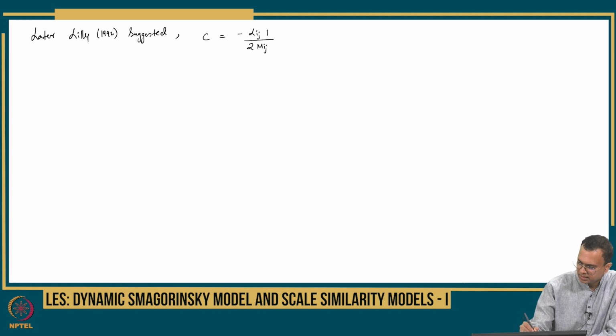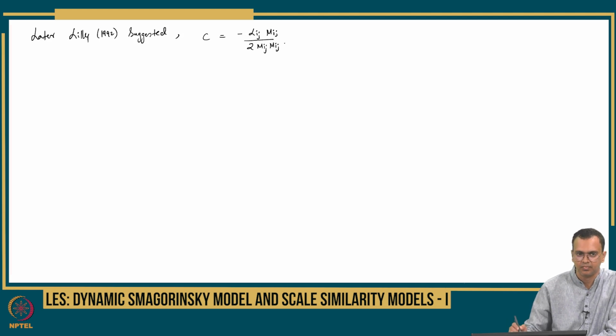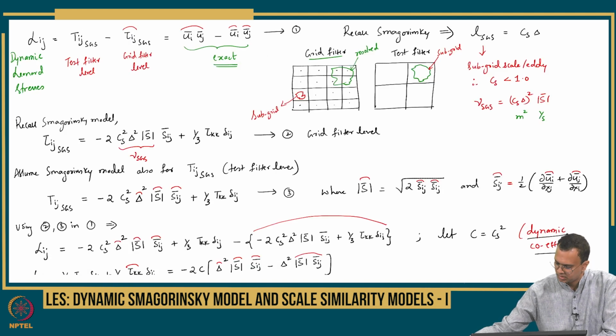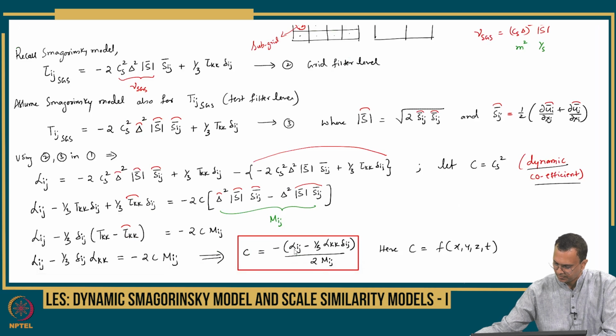Instead, Mij is introduced on both sides, both the numerator and denominator, by dropping that 1/3 Lkk delta ij. Compared to if you go back and see here, minus Lij is retained, 2 Mij is retained, this 1/3 Lkk delta ij is dropped, instead it is multiplied and divided by Mij. Okay.